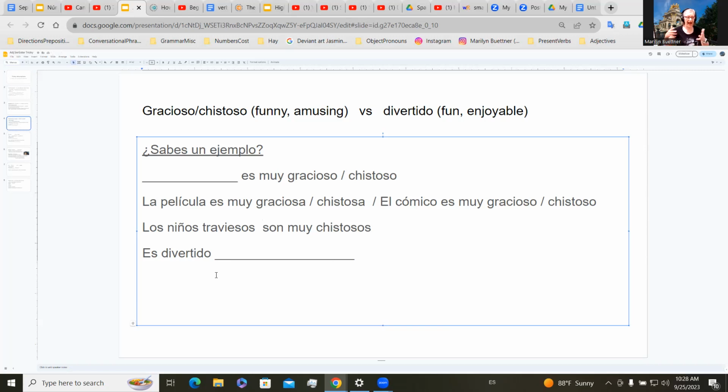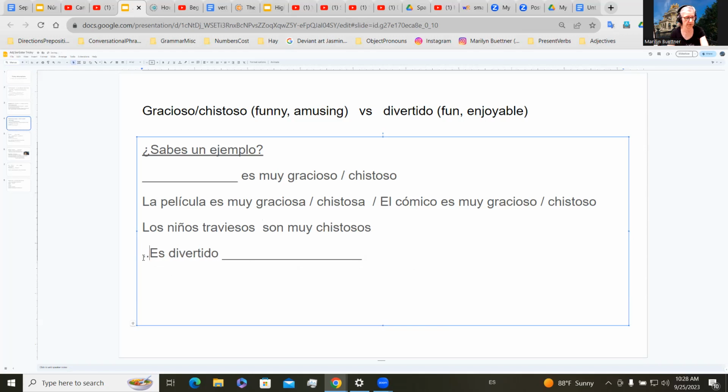Something es divertido. Hay un ejemplo aquí. Es divertido. And you can put infinitives after this one too. So we could have the blank in front or behind.